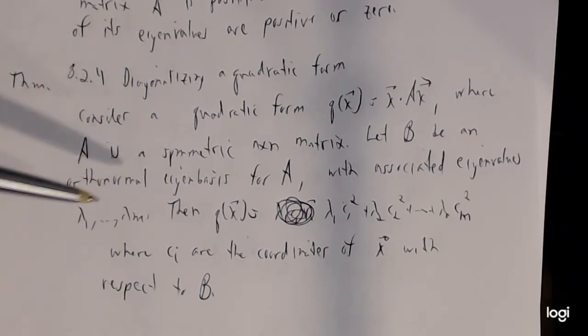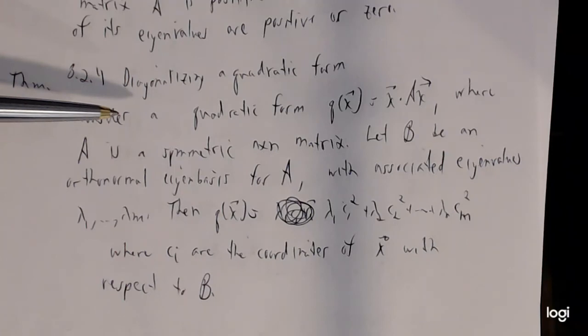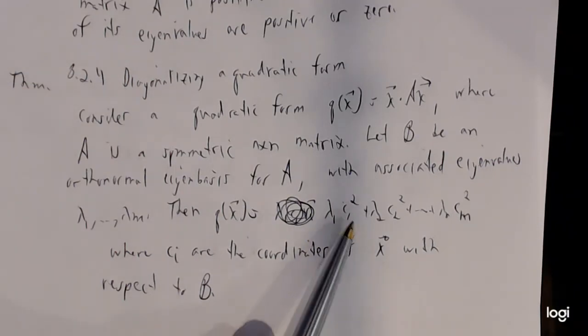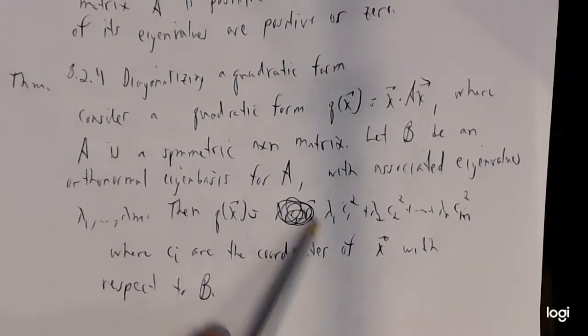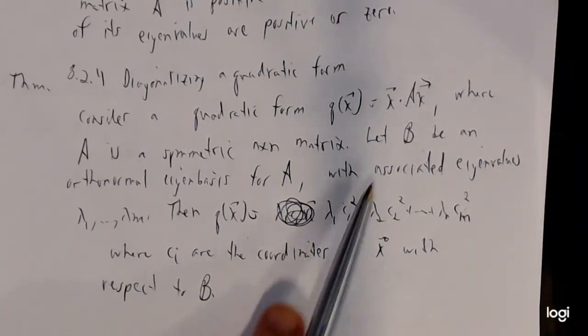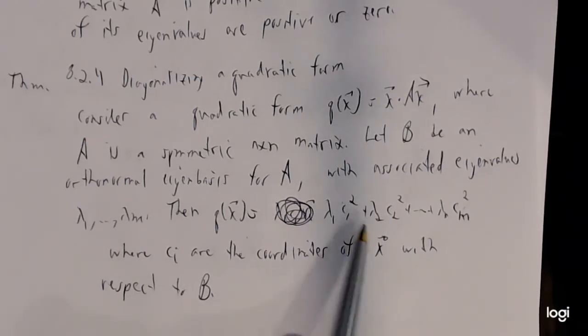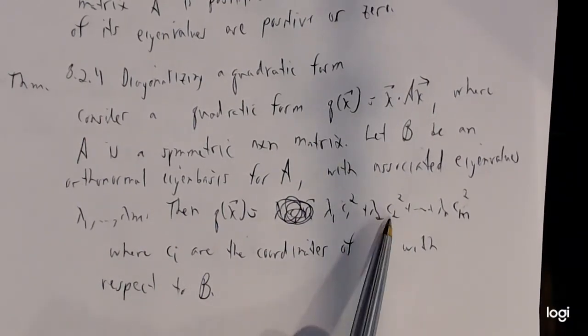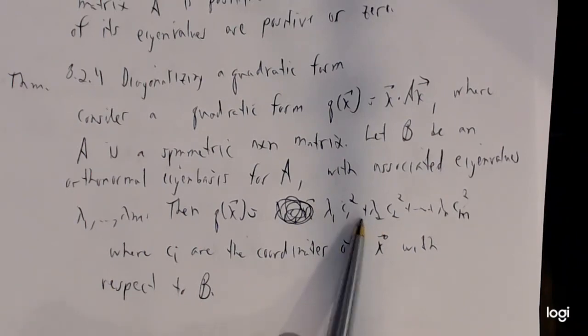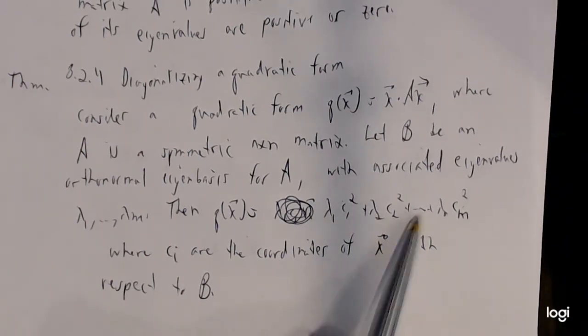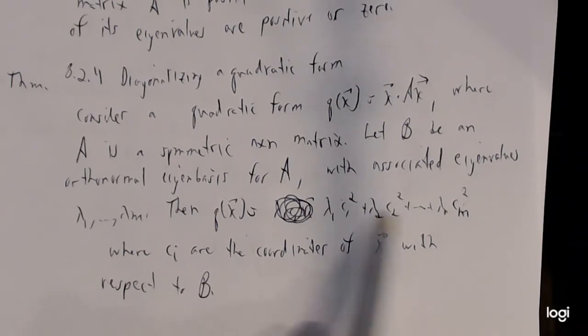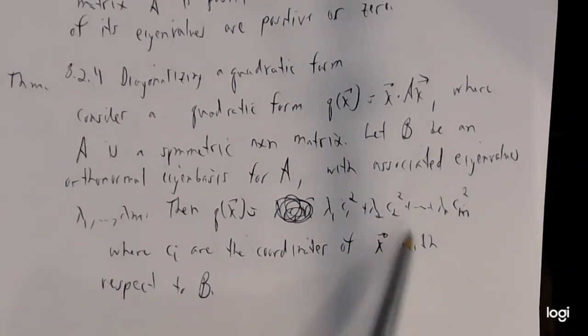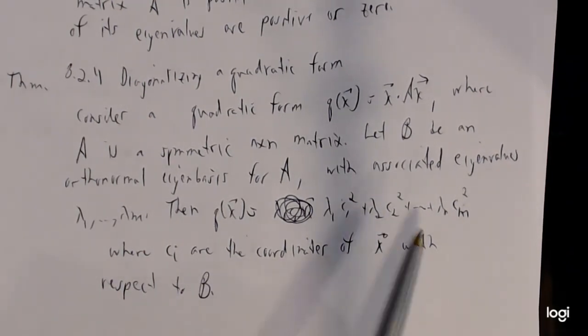Okay, and we remember the eigenvectors here have disappeared, because when you dot an orthonormal eigenvector by itself, you get 1, and if you dot the other eigenvectors with one another, they zero each other out. Okay, so that's what's going on here.